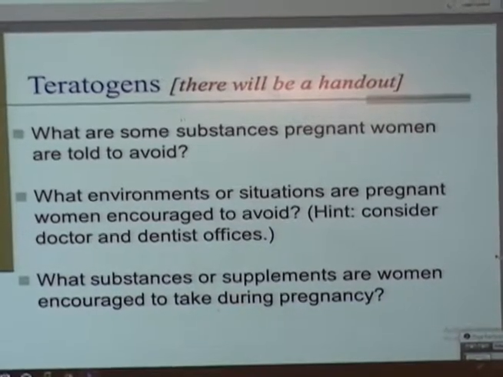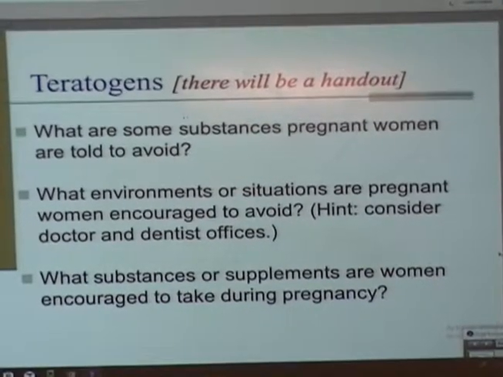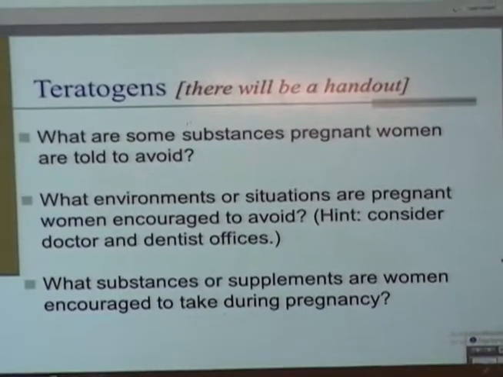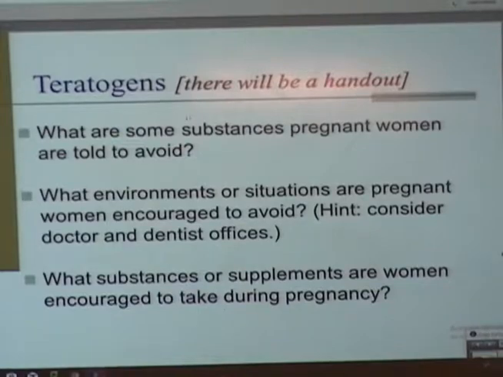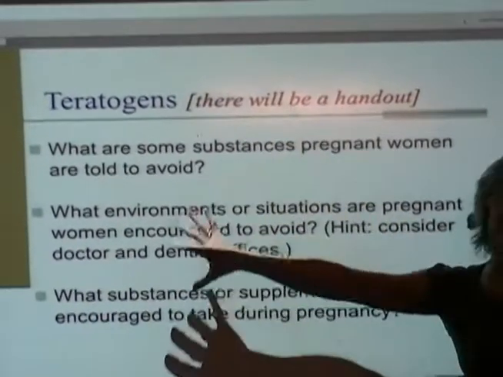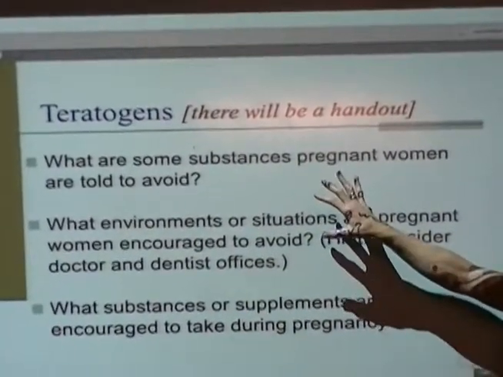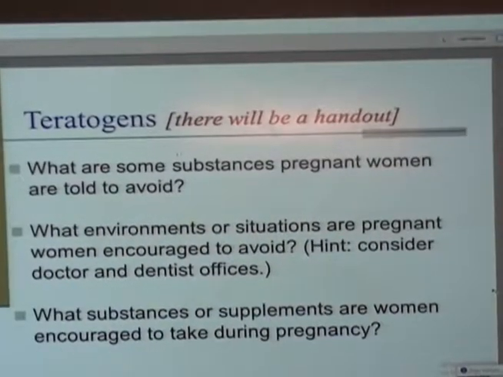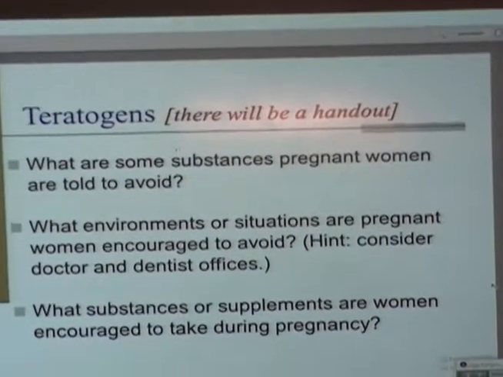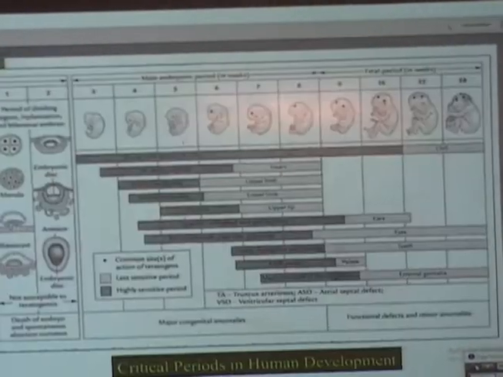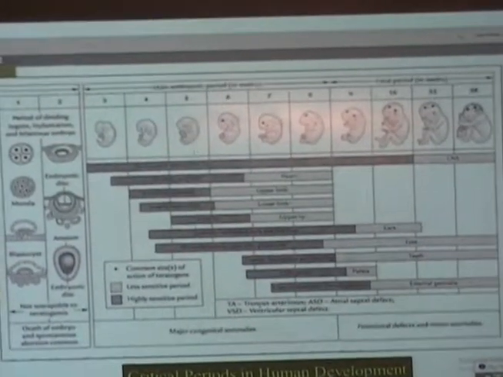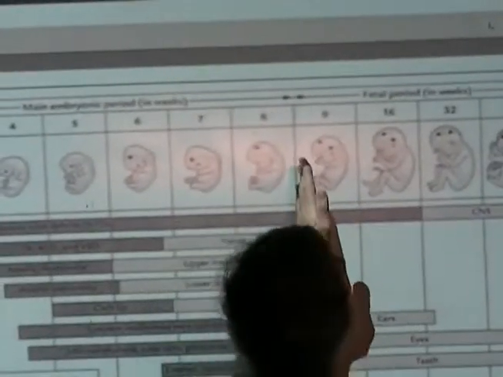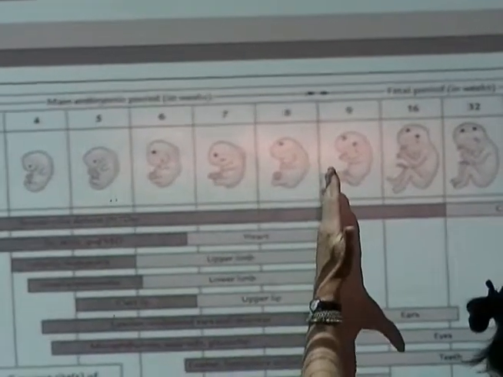I can't take care of the baby if I don't know the baby is there. And the thing about the information on the teratogens is a lot of that damage, if we go back to the kind of bar chart, a lot of that damage occurs before week 8.